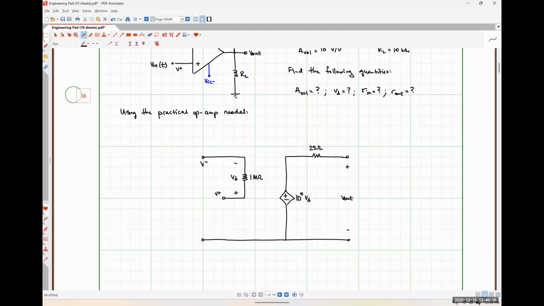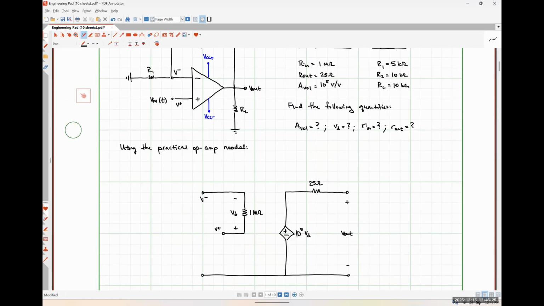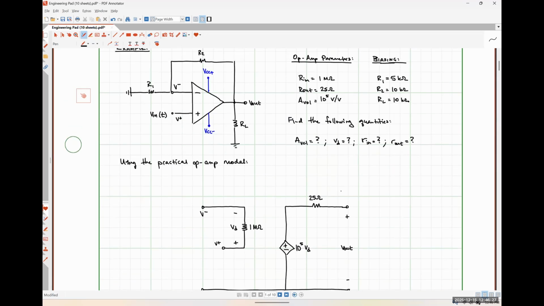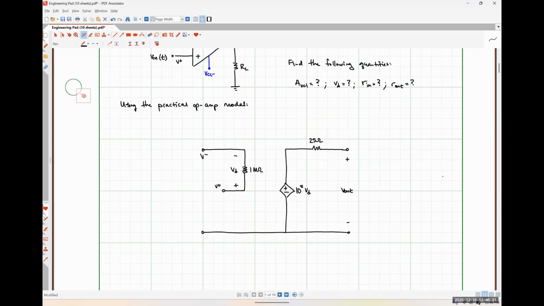And now I'm going to make my external connections. The first thing I'm going to do, looking at my schematic diagram, is that my input signal is going to be placed between my non-inverting input node and ground. So I'm just going to place a voltage source right here. And as I said a minute ago, I'm going to choose to represent this as a 1-volt source so that when I find V out, I can get my closed loop gain very easily.